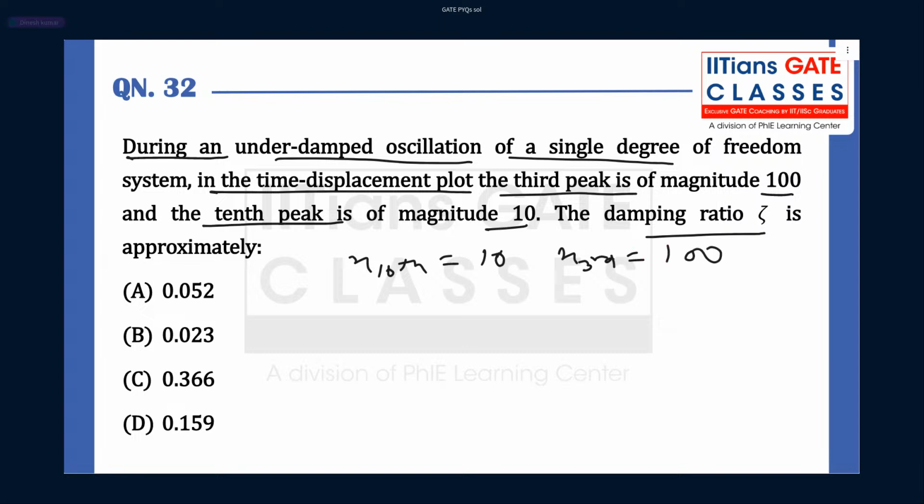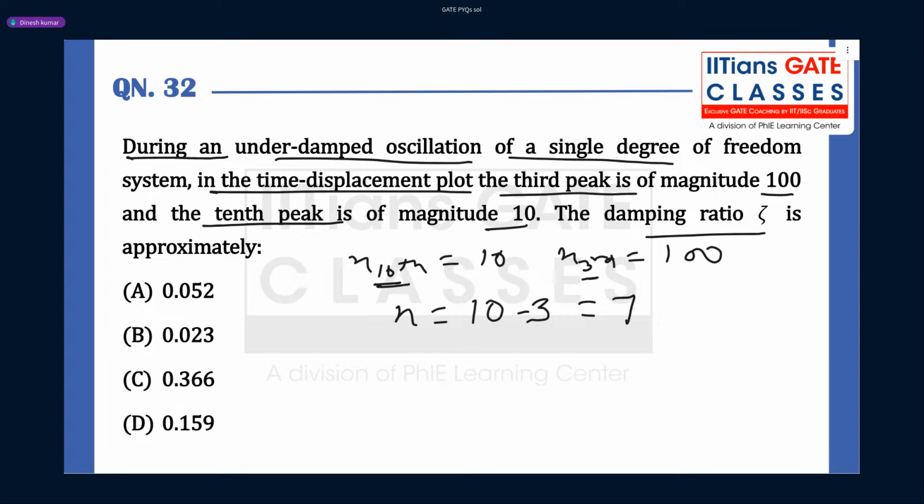So usually how do we find the number of cycles? We find it as n, and n will be based on the last amplitude, so it is 10th. And what is your first amplitude? They mention the third amplitude, so it is 3. So the total number of cycles is 7.